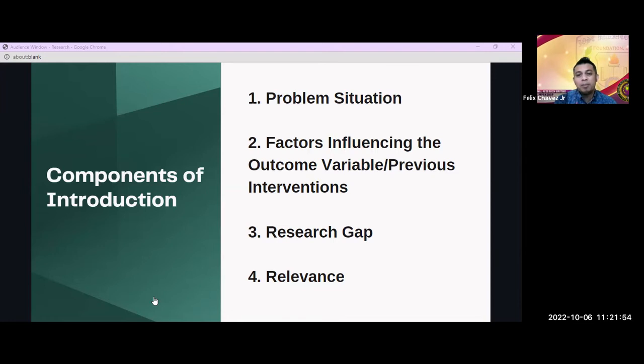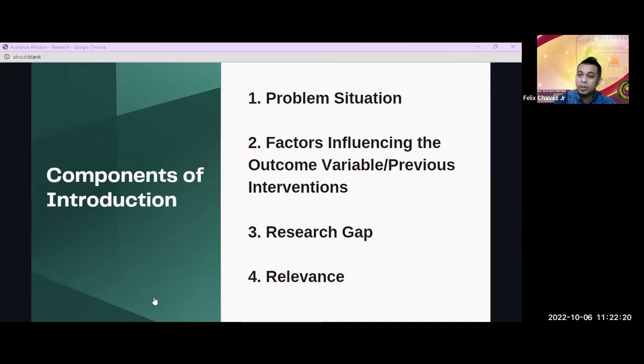If the problem is all about turnover of faculty, what are the previously done studies to explain the antecedents of faculty turnover? What are the interventions made in order to address that kind of problem? So meaning, the number two aspect, you have to conduct a review of related literature.